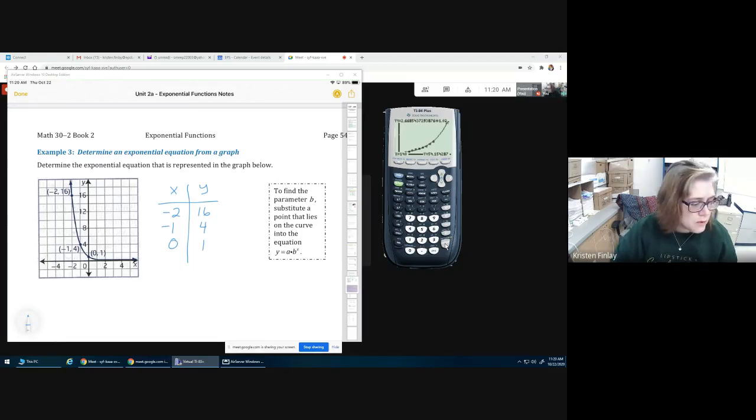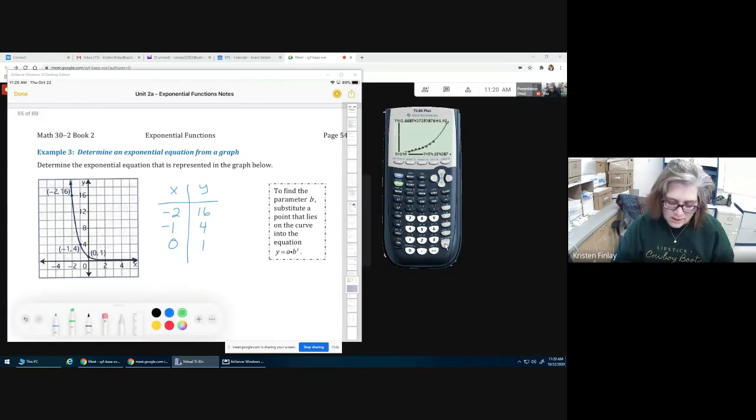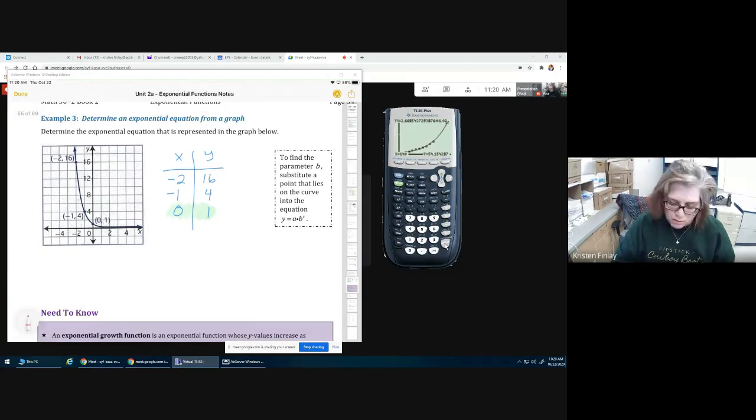Okay, so to find the parameter b, substitute a point that lies on the curve into the equation y is equal to ab to the x. So here's the thing. We know the a value because we have our y-intercept, right? So from this information, we know that a is equal to 1.